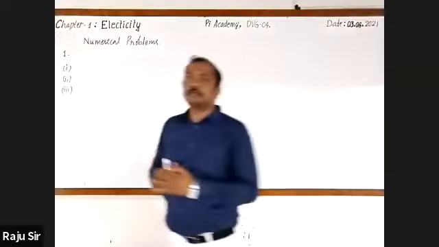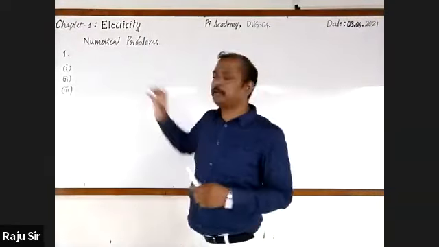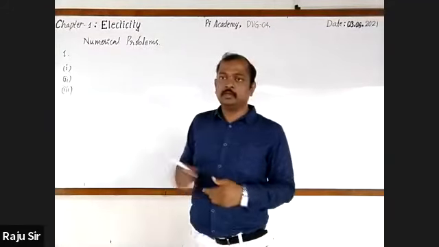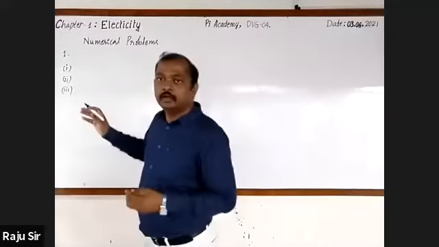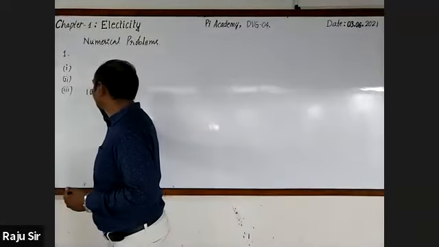Dear students, in numerical problems, first we were focusing on series connection. In that, the first problem, 2 were over. So now we are moving to the third one. You may go for copying that. Third one is over. Now it is 4. There are 2 resistors.